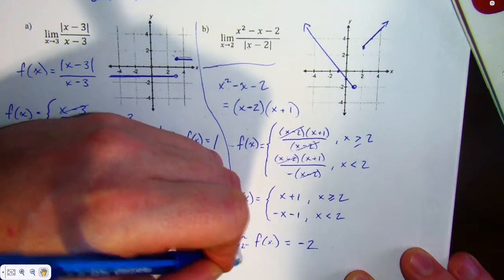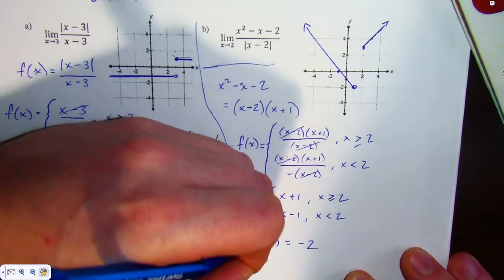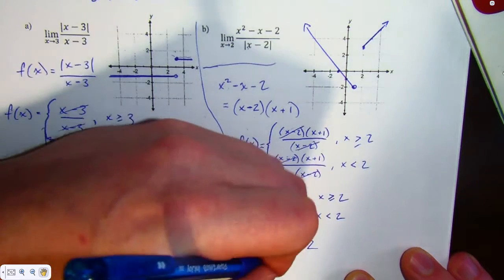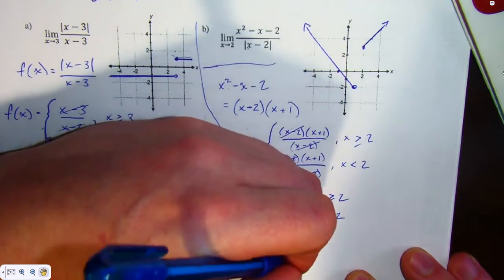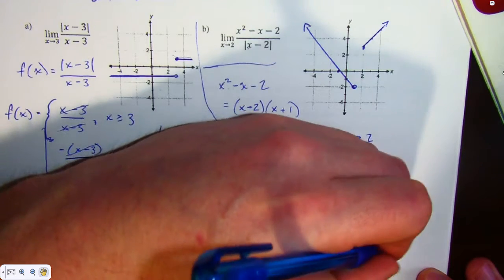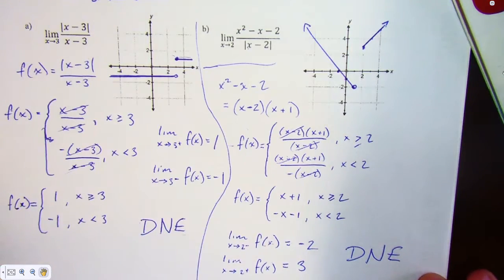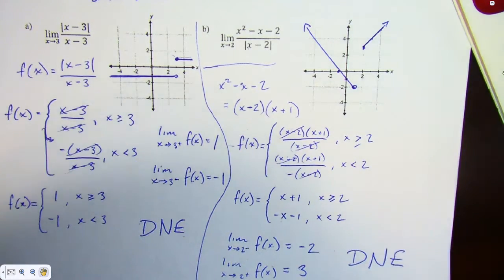And the limit as x approaches 2 from the right equals +3. And because those two don't equal, again, the limit does not exist. So that's it. Those are the 5 methods that you will need to be able to evaluate all the limits you see. All right? Thanks very much.